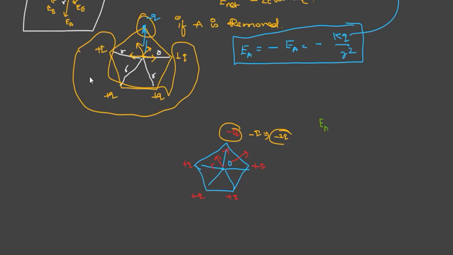EA is nothing but K times minus 2Q divided by R square. So finally we get 2KQ by R square. This is the electric field at the center due to A, because all other remaining forces cancel each other, so we won't get any field from them. At point O, only the negative charge will pull towards it, so for that reason we have taken the negative sign.